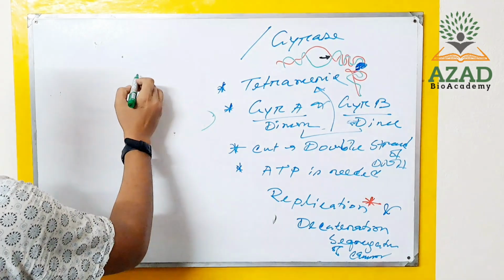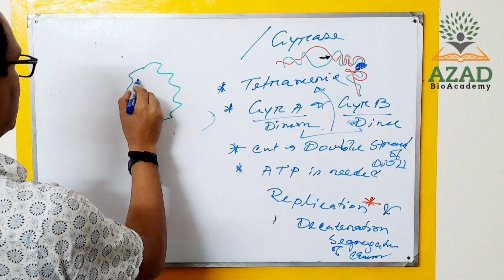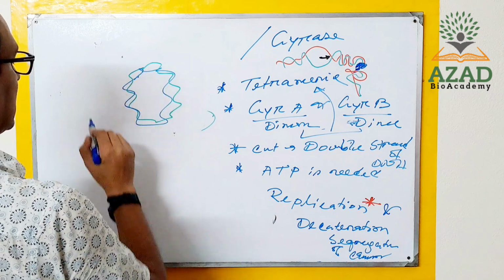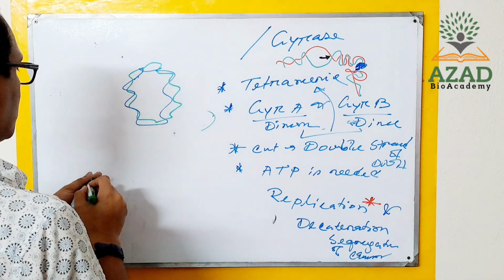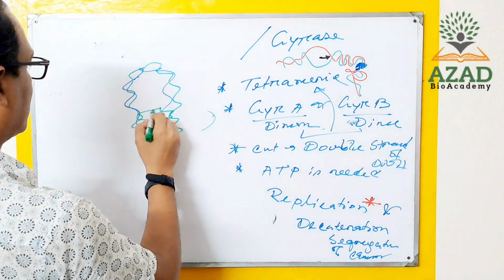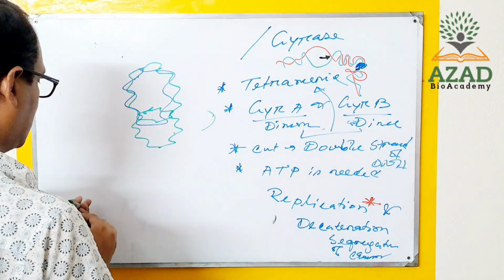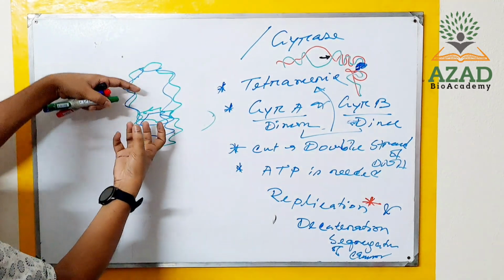That means, this is the round DNA of the bacteria, and that will be copied. It will copy, but it will form like an interlinked structure.